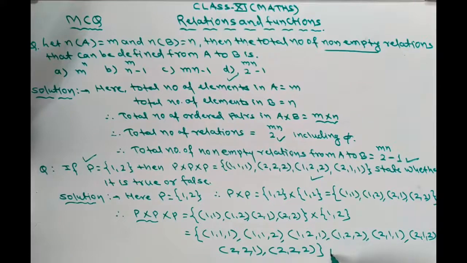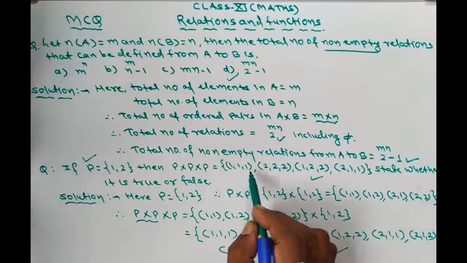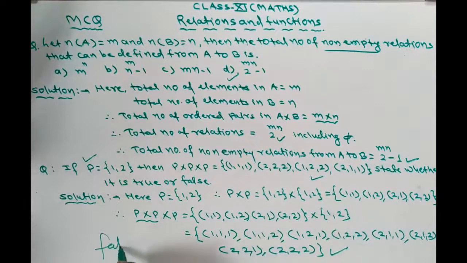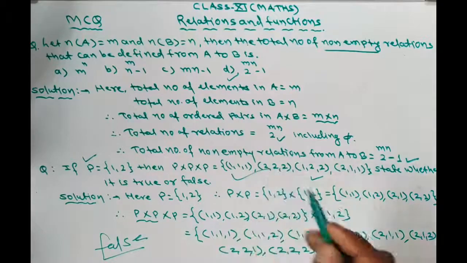So this is p cross p cross p, whereas he has given (1,1,1), (2,2,2), (1,2,2) and (2,1,1). So this is false. So this statement is false.